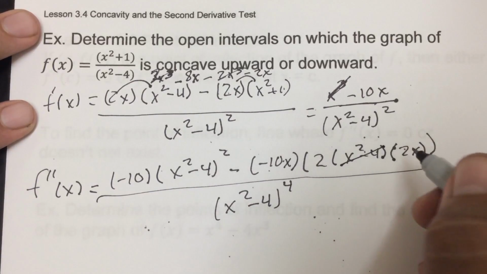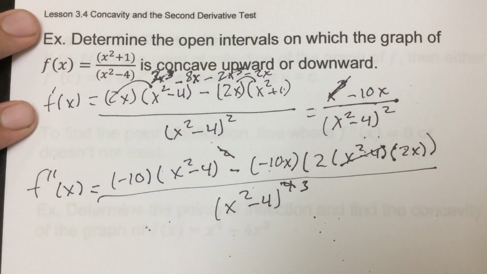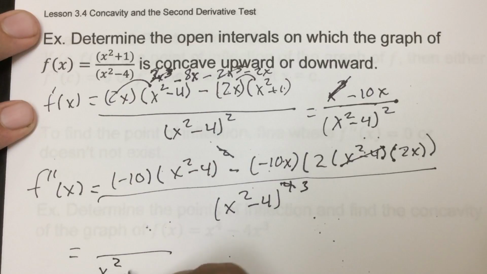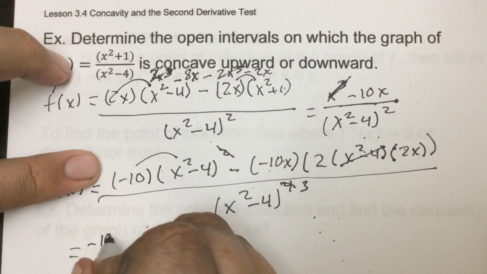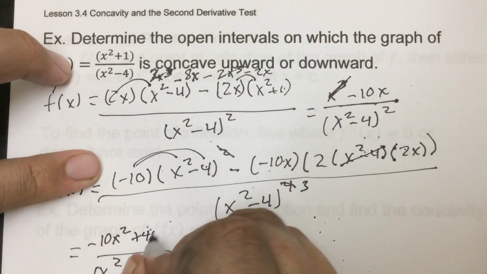Now, same thing as last time, we can cancel 1, cancel 1, cancel 1. So we would have on the bottom here, x squared minus 4 to the third. Negative 10x squared plus 40.